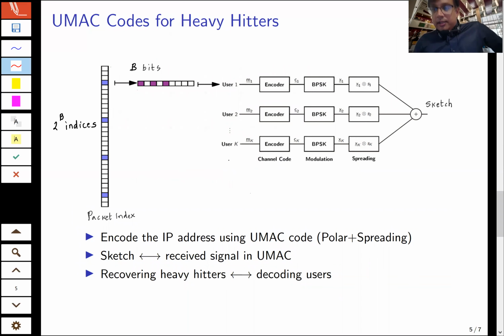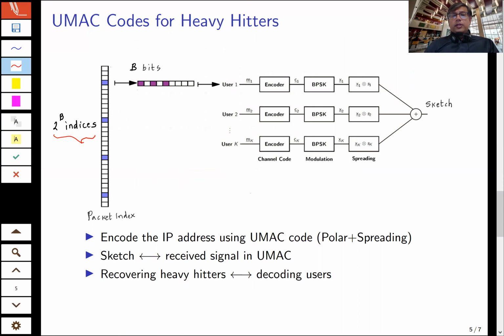The main idea is to go from the index space to the bit space instead of from the bit space to the index space, right? So if you think about the vector that we want to store, this is a vector which has 2 to the b indices. And what we'll do is for every index, we'll look at the corresponding bit representation, which in this case has a very natural interpretation.